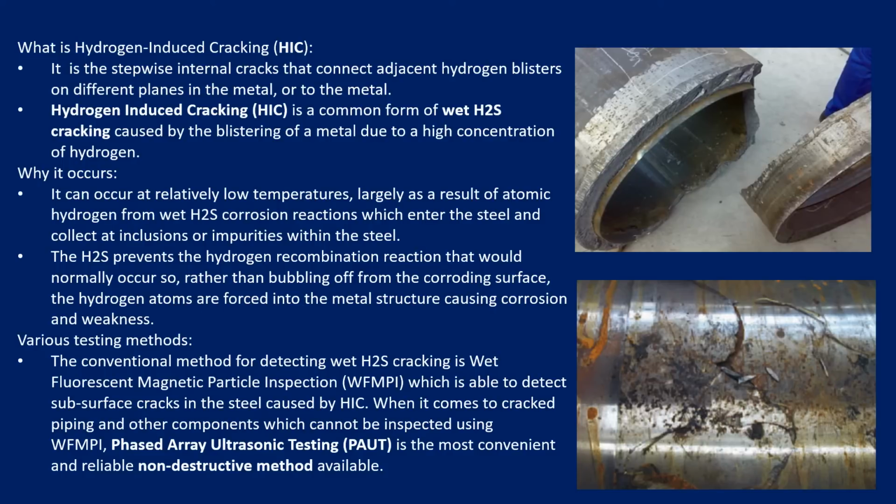When it comes to cracked piping and other components which cannot be inspected using this inspection method, phased array ultrasonic testing is generally used, which is the most convenient and reliable non-destructive testing method. So these are two methods which are generally used to identify this kind of hydrogen induced cracking.